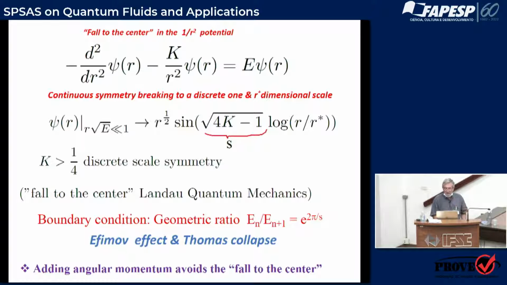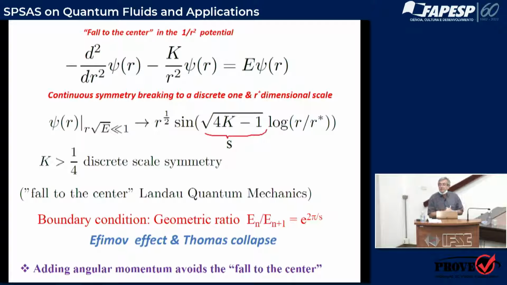That's all. And on the other side, when you look at this simple example, you say Efimov is low energy physics, and the Thomas effect is high energy, you are in the ultraviolet. But the point is the scale invariance. When you have scale invariance, where you start doesn't matter, it's the same. So the fall to the center, the collapse, was discovered by Thomas in 1935 when he was studying nuclear forces.